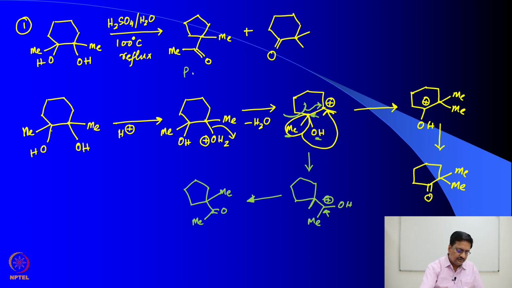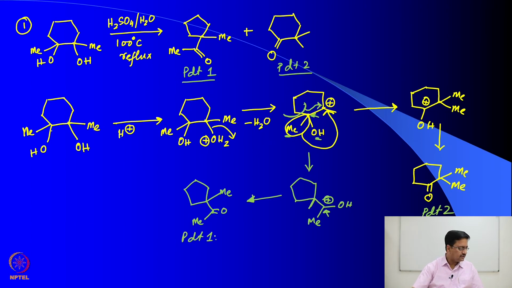So, this is product 1 and this is product 2, and these two products can be formed by migration of two different groups. One time the methyl migration gives you product 2, and the other time the migration of the larger alkyl group, which is part of the ring, when it moves it gives you a 5-membered ring as product 1.